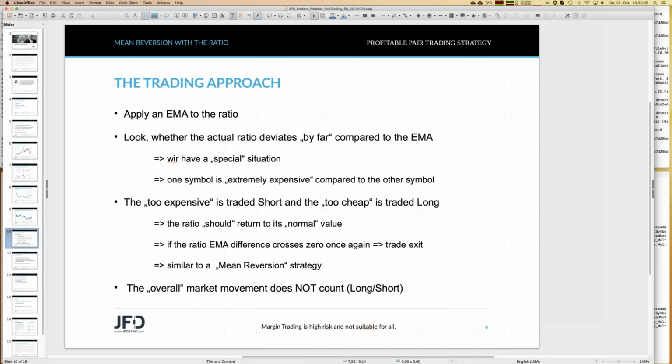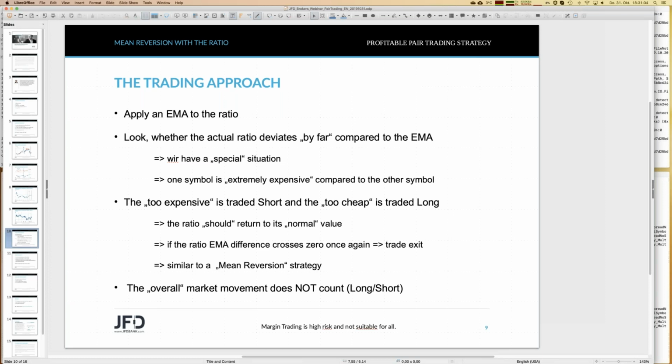The only thing is there's no direct symbol for that. So if JFD or any other broker would offer the symbol Brent divided by WTI, then I could make the same kind of webinar and describe the same strategy. The only difference is I would call that strategy not a pair trading strategy. I would call it a mean reversion strategy.